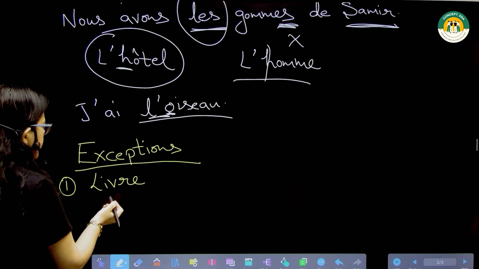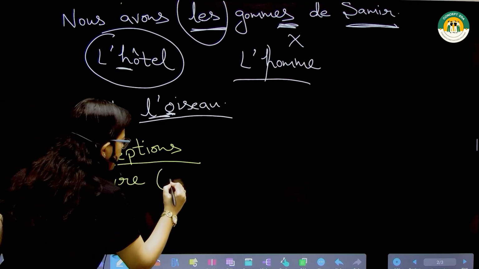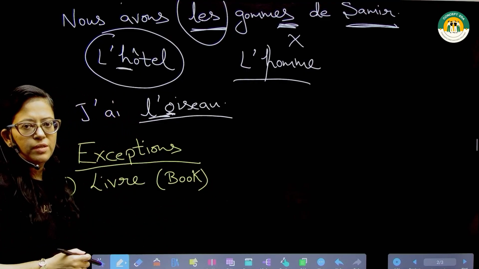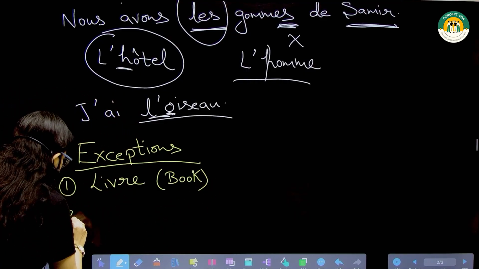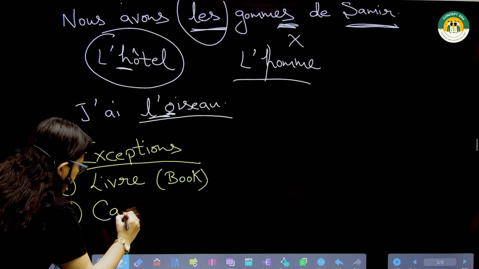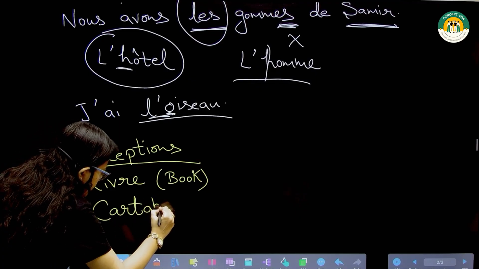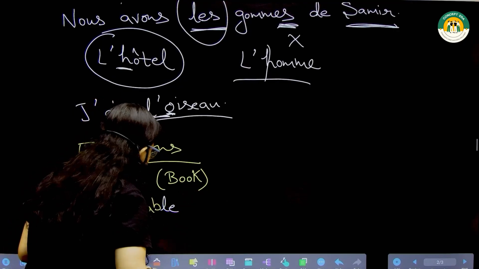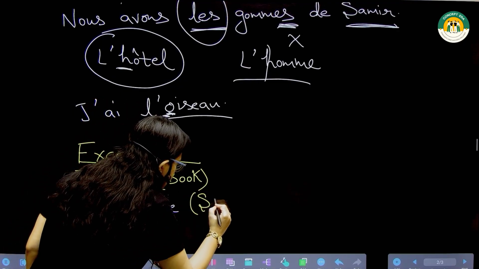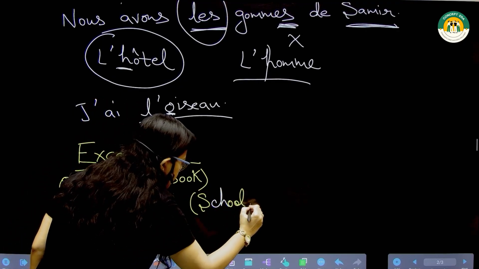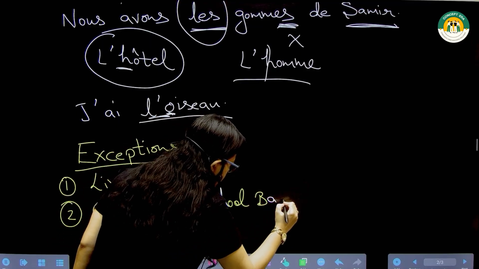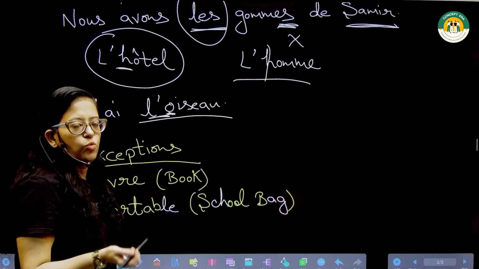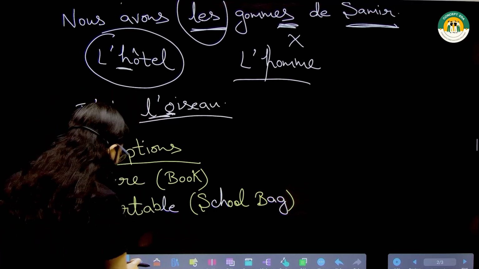Livre means book. Number 2, cartable. Cartable means school bag. So school bag is also an exceptional word.